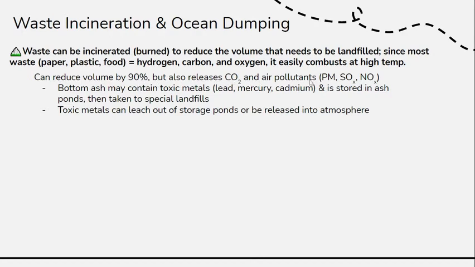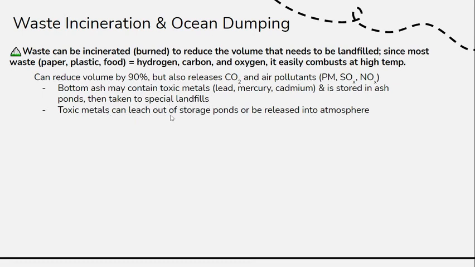But it also releases carbon dioxide and other air pollutants. Burning of anything will release nitric oxide, but we'll also get particulate matter and sulfur dioxides or sulfur oxides as well. What do we do with this ash? Well, ash may also contain toxic metals, lead, mercury, cadmium, and is stored in ash ponds and then taken to special landfills.